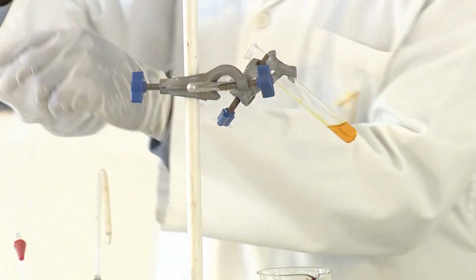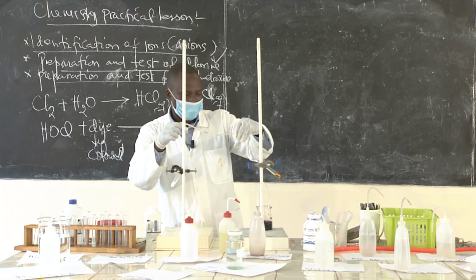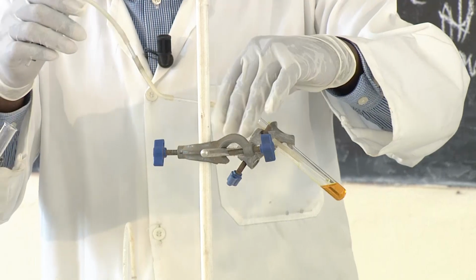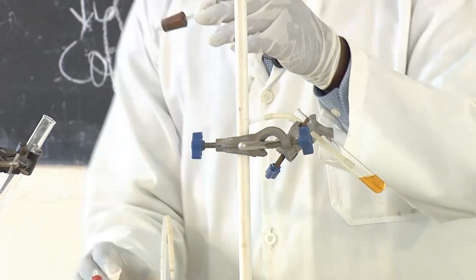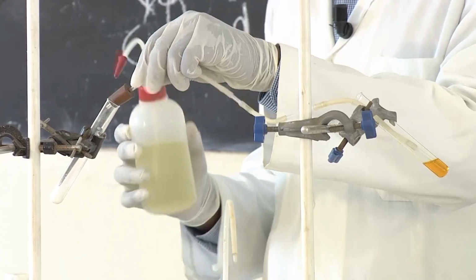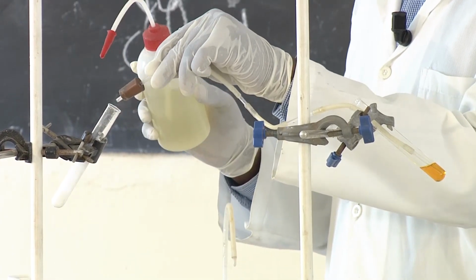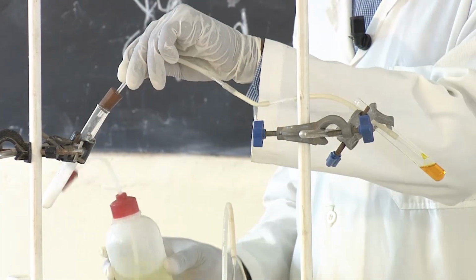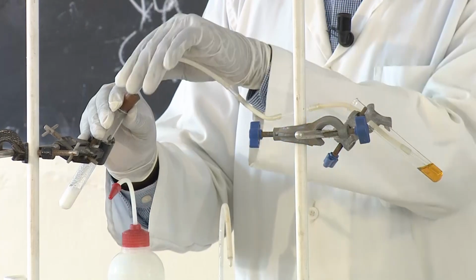So we're going to put hydrochloric acid here, and then we'll pass this gas into this solution of potassium dichromate, and then we add hydrochloric acid in this one. Please observe what happens there. You need to make a very clear observation.